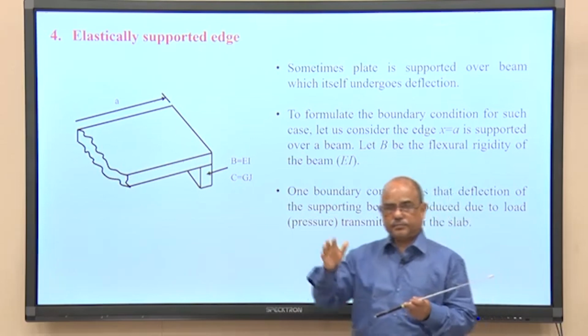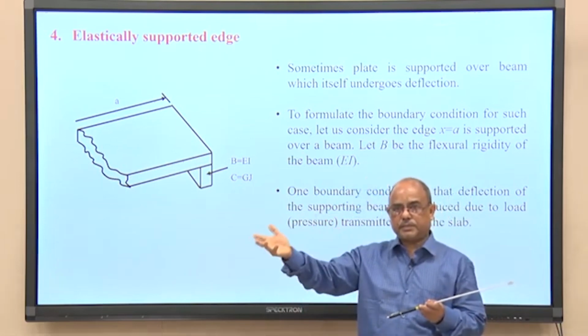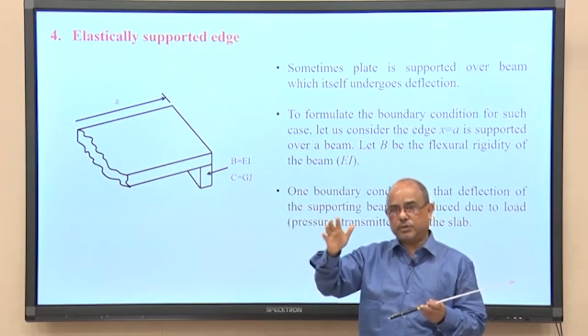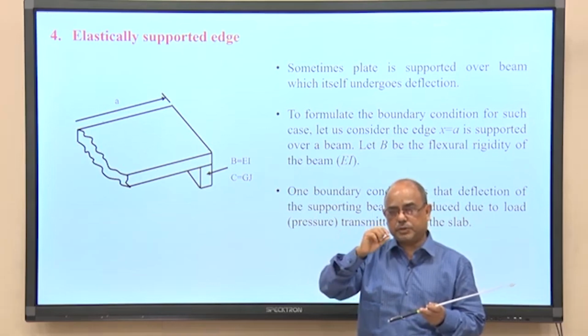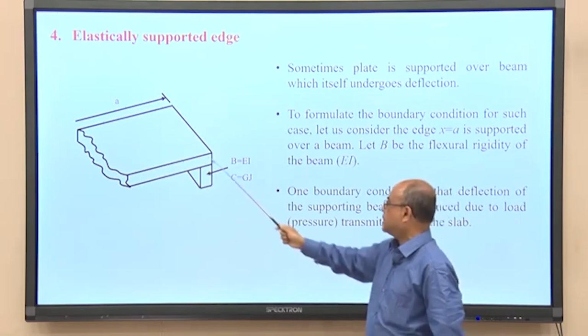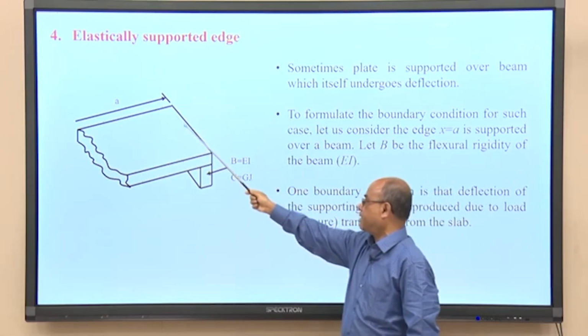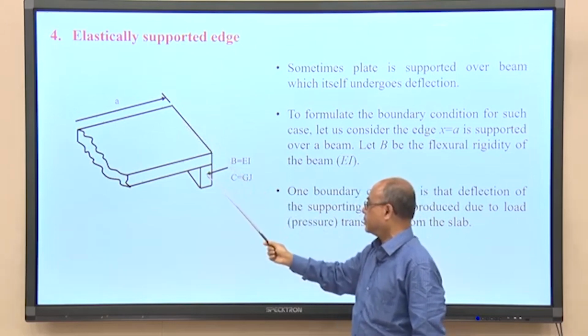One is that the beam deflection here will be the same as the plate deflection, but beam deflection can only be found when we know the distributed load over the beam. The distributed load over the beam is nothing but the shear along this edge. Whatever shear you find along this edge will be the load acting on the beam.